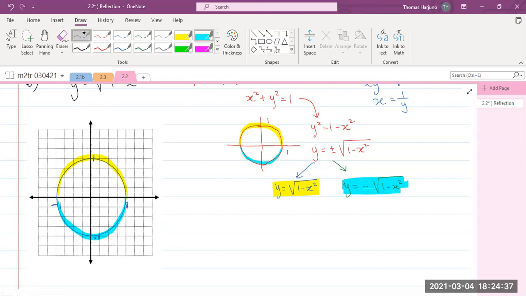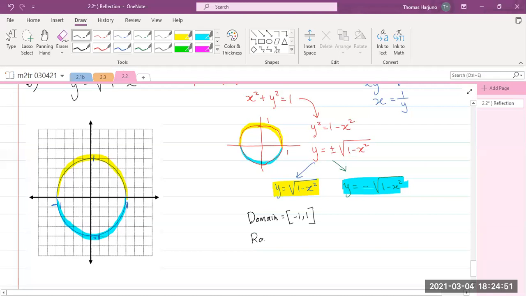Now what is the domain for the yellow one? The domain will be from -1 to 1, while the range will be from 0 to 1. It has y-axis symmetry, axis of symmetry x equals 0.